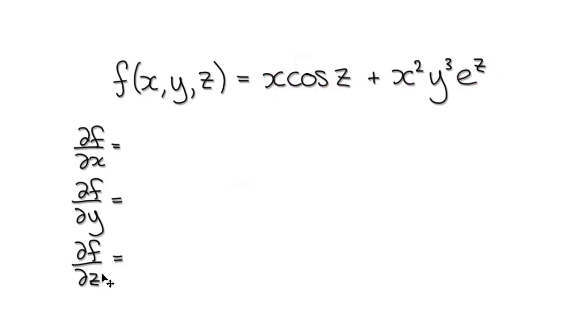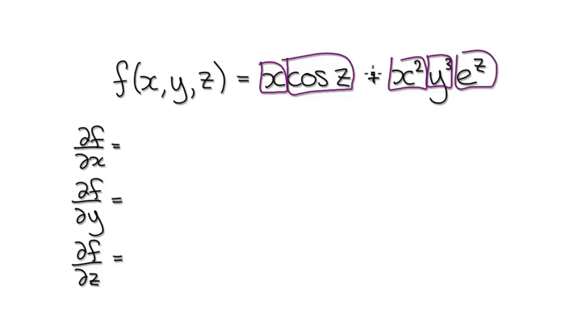So now let's do it with respect to z. So with respect to z, this block here is a variable. This is a constant, constant, variable. Oh, hang on, bear with me.